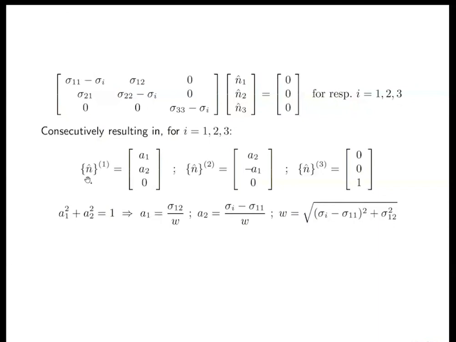And the n1 eigenvector is designated as a1, a2. The n2 eigenvector is designated as a2, minus a1, such that it is perpendicular to that one. And we know that the 3 components must be 0 because the n3 eigenvector must be pointing completely in the 3 direction and nothing else.